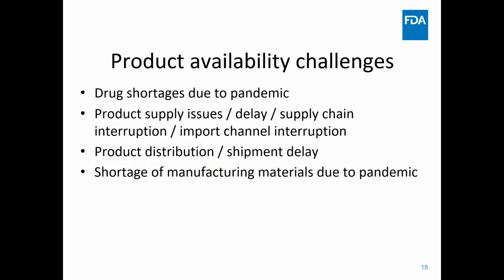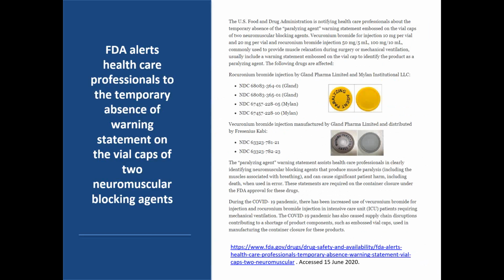To highlight some other challenges that we've seen over the last couple of months, there were many drug shortages due to the pandemic. There were product supply issues, delays, chain interruptions, distribution and shipment delays, etc. And we have MedDRA terms for the supply issues and availability issues. This is an example of how this then manifests downstream.